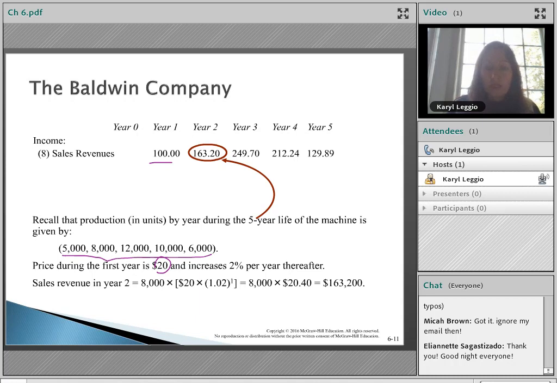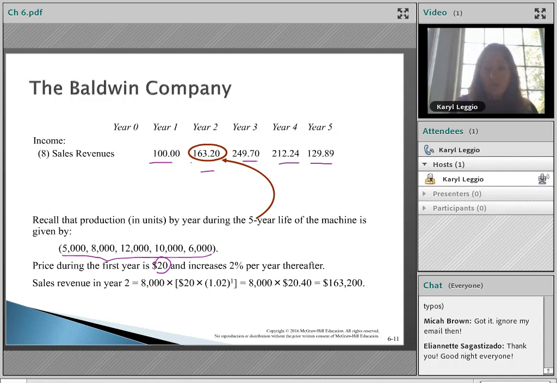So $20.40 times 8,000 is equal to this 163,200. The next year it's going to sell for $20.40 times a 2% increase again, and we're going to sell 12,000 units. So go through and make sure you see where these numbers come from.